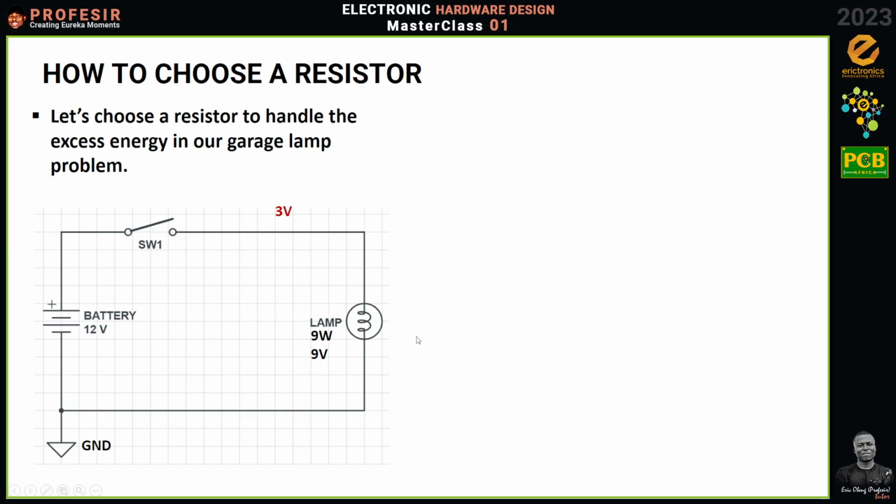So quickly, I'm going to use an example to explain the things that I've talked about, and I think that will bring us to the end of this particular session. So let's choose the question that I posed, the garage thing, right? The lamp with 9 volts, 9 watts rating, and we want to power it with a 12-volt battery.